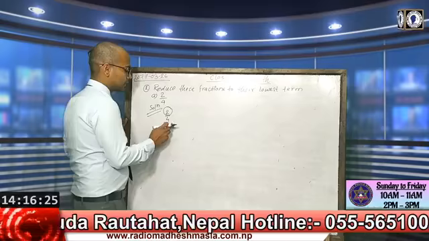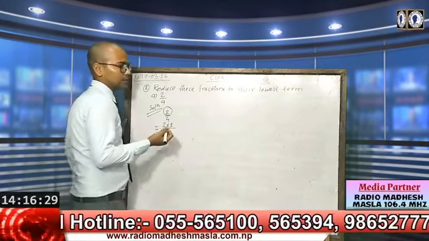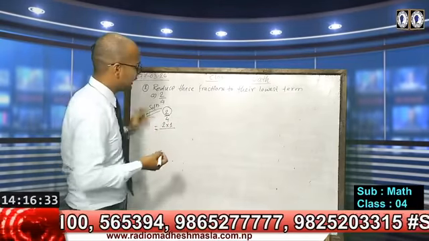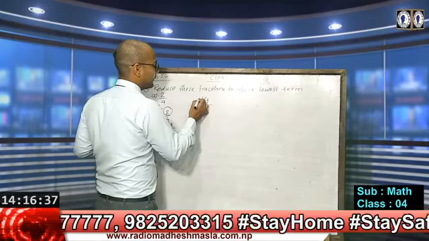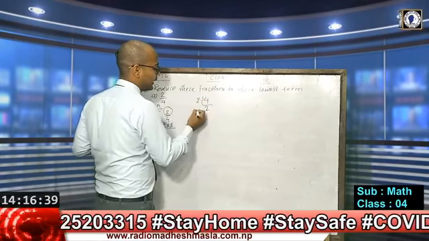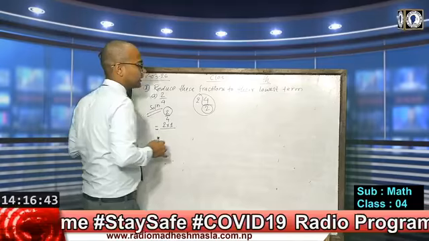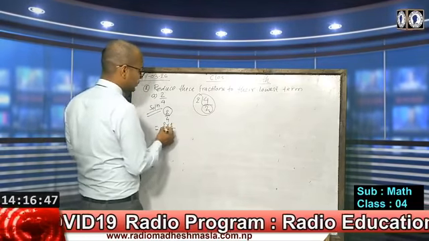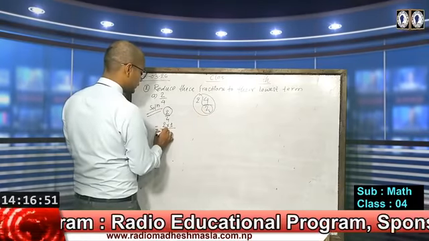When we divide 4 by 2, we get 2, which is also a prime number. That's why we leave the factorization here: 2 into 2.